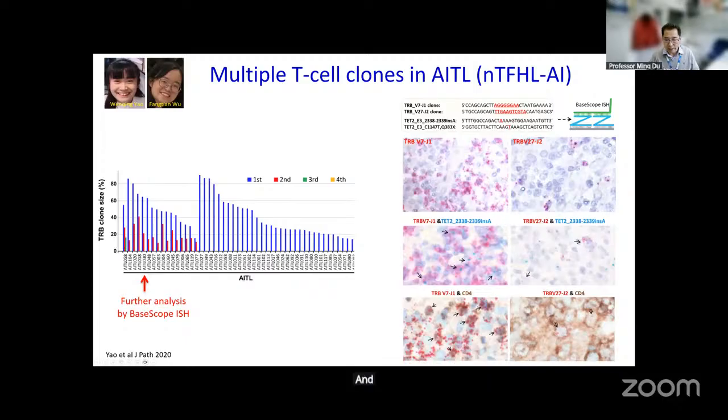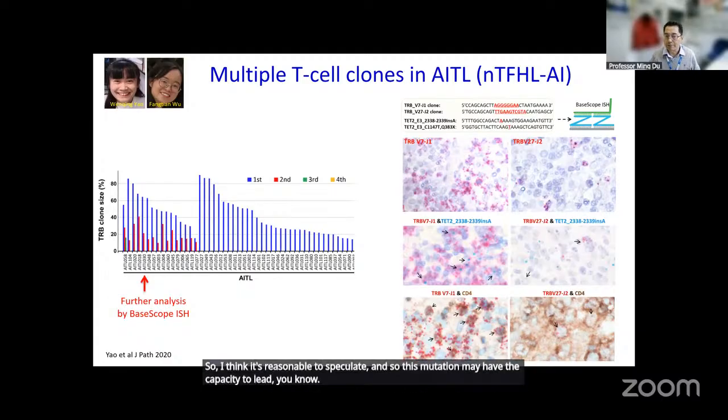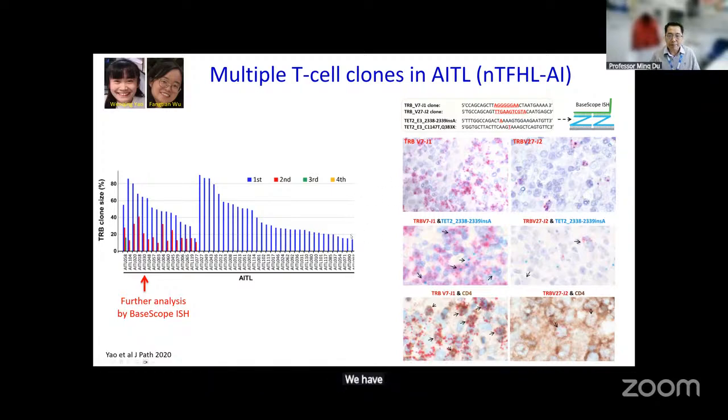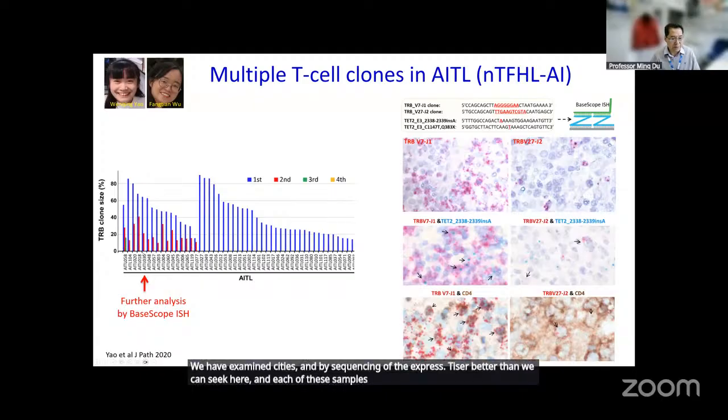And given that a hematopoietic stem cell mutation can generate multiple progenies, and the TET2 and DNMT3A mutations may skew the differentiation toward TFH and T cells, I think it's reasonable to speculate that this mutation may have the capacity to lead to multiple malignant transformations. We examined these properties by sequencing the expressed TCR beta, and we can see that in each of these samples, a high proportion of cases contain more than one TCR beta functional rearrangement.